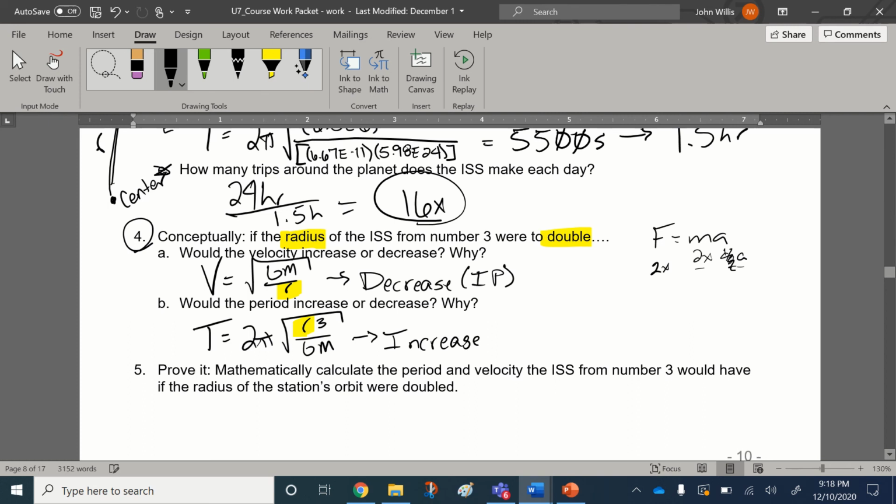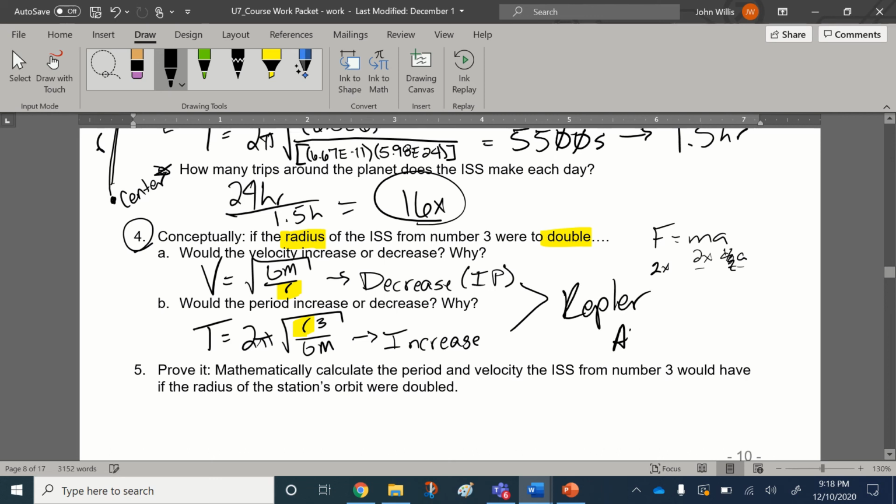Now, the reason I'm going to ask so many of these questions is because not only have we done these factor of change things before, and not only should it be something that we should be able to do, but you can also attack this from a different angle. If you don't like looking at the equations and seeing how radius might impact velocity or how radius might impact period, then go back to Kepler.